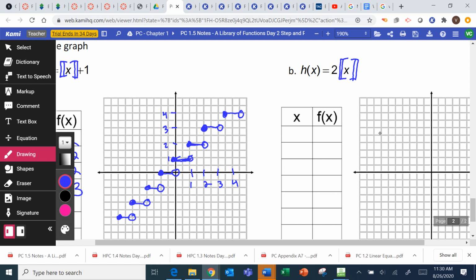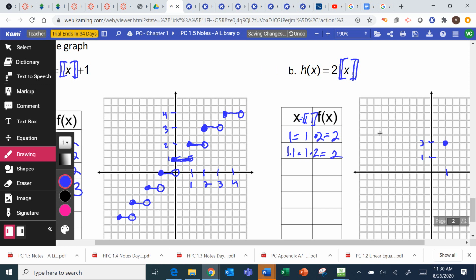So let's choose some values. If I input 1, after I do just that greatest integer part, I would get out 1, but then I still need to multiply it by 2. So I would get out 2. So 1 is 2. If I input 1.1, I would get 1 times 2, which is 2.